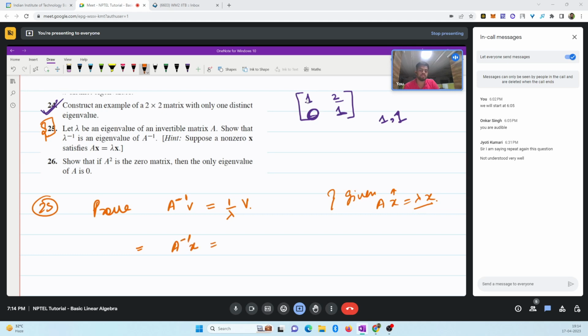We need to calculate A inverse of x, correct? A inverse of x is my question mark, and we know that Ax is equal to lambda x.